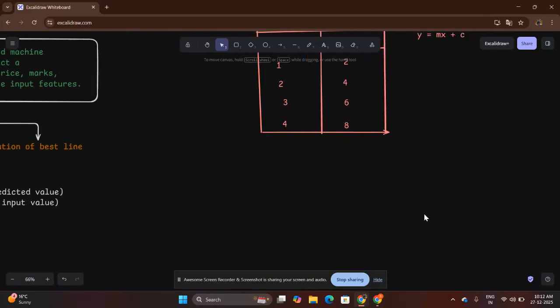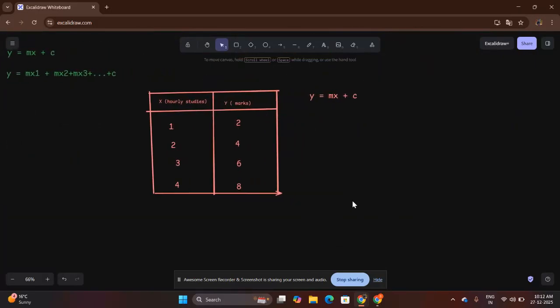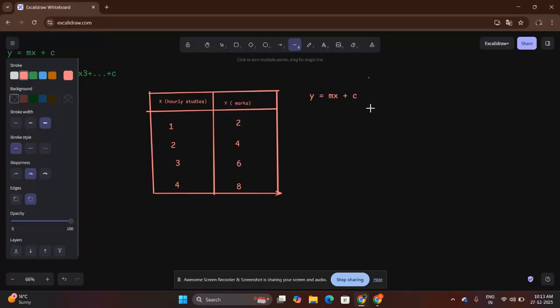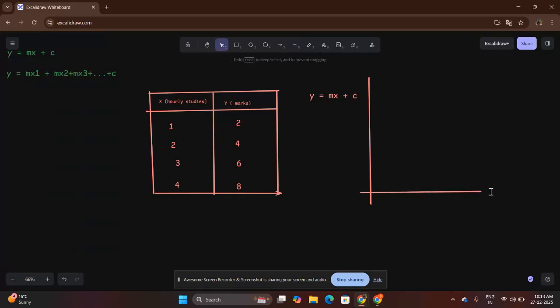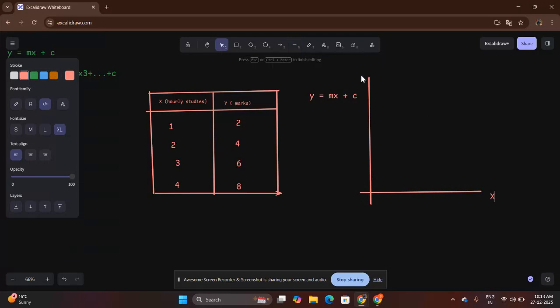So how does the graph come from these data points? The graph looks like this: this is the x axis and this is the y axis.